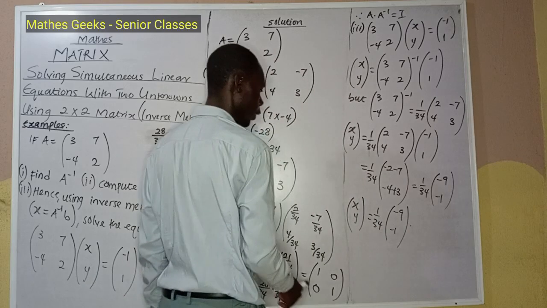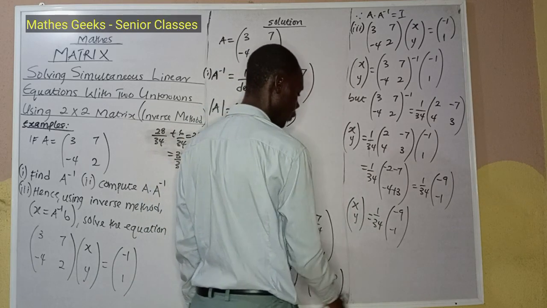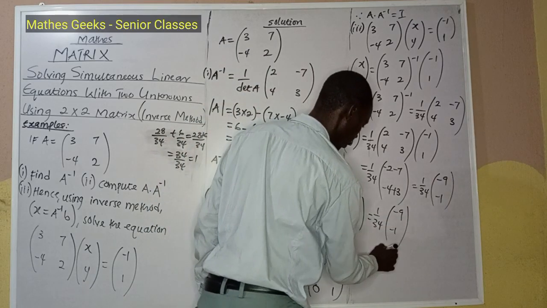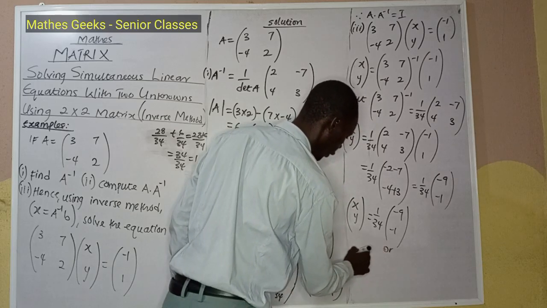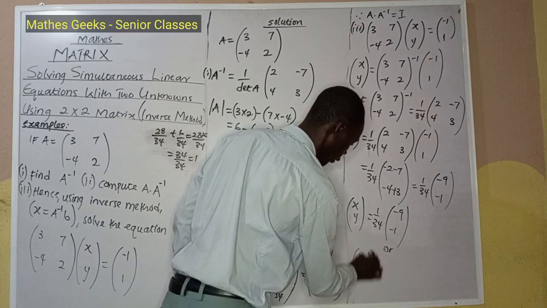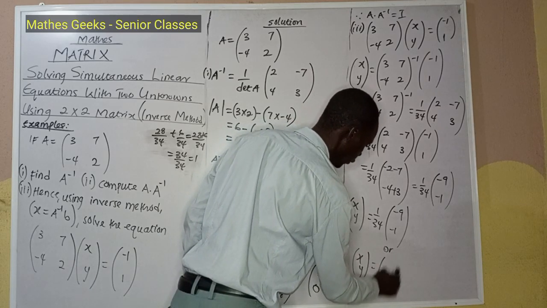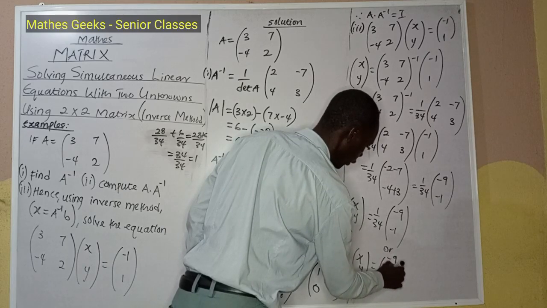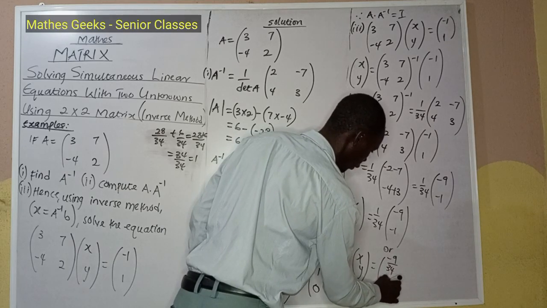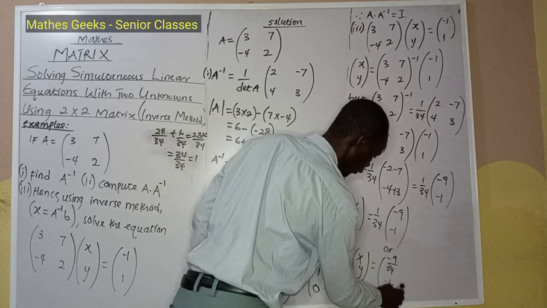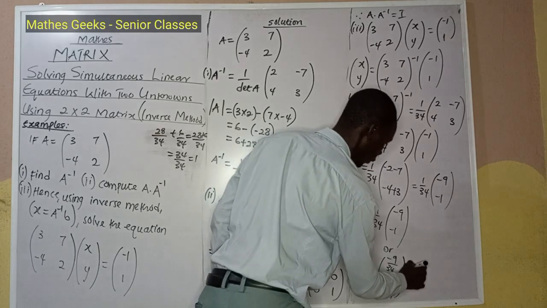You can leave your answer like this in matrix form, or you simplify, [x; y] is equal to [-9 over 34; -1 over 34].